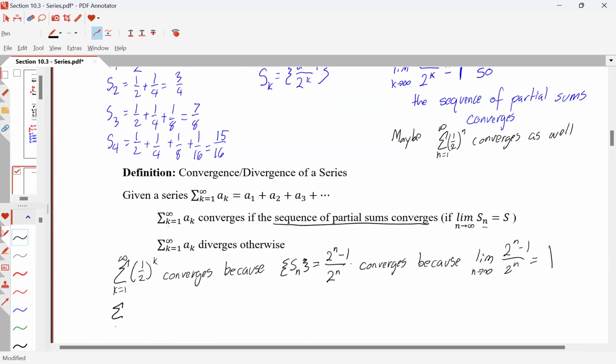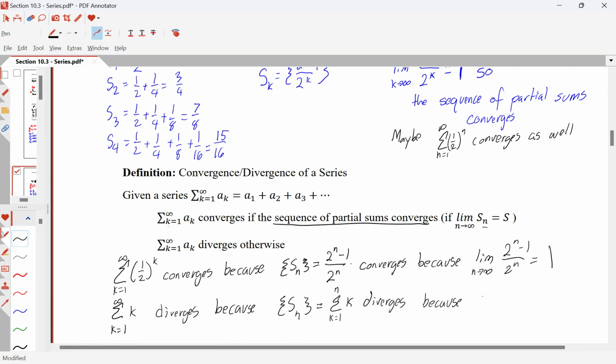And for the previous example, the series, switching out the k's and n's again, k equals 1 to infinity of k, diverges because the partial sum, which was the sum of the first n terms, diverges because that limit does not exist.